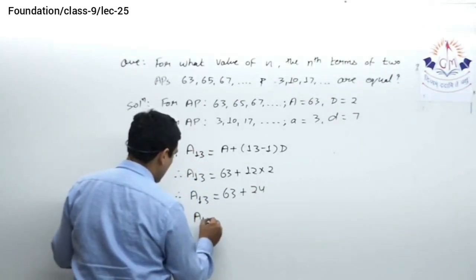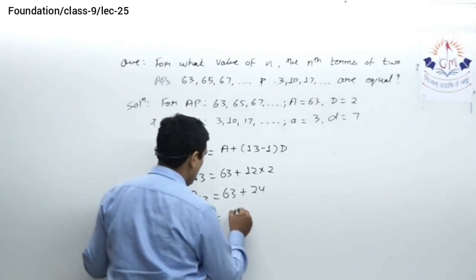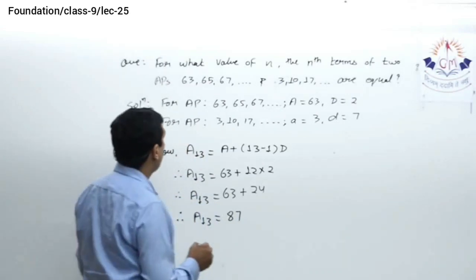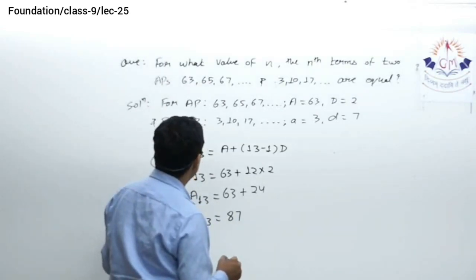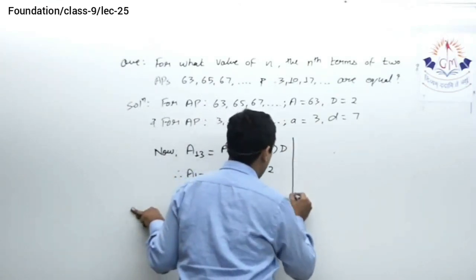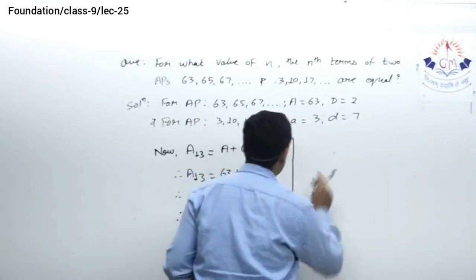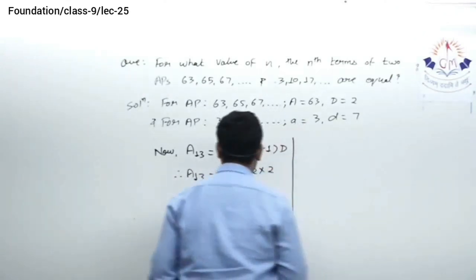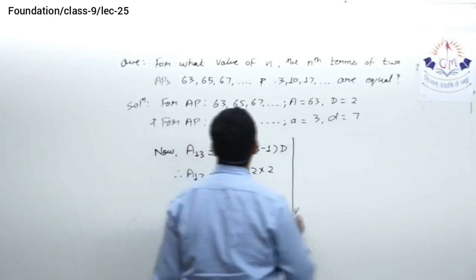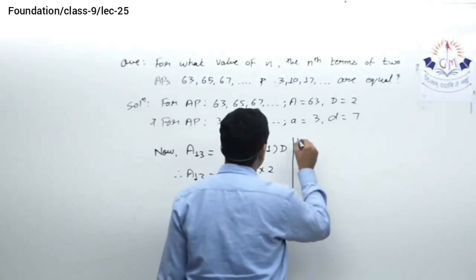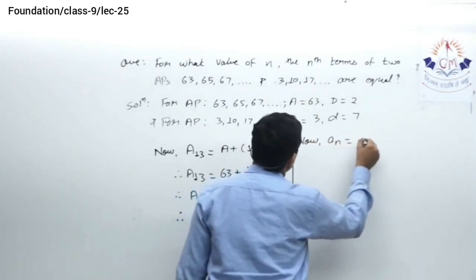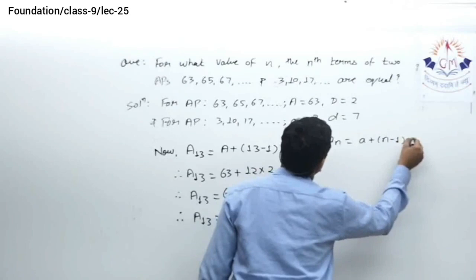So A13 is equal to 87. Now let us find the 13th term for the second AP. a n is equal to a plus n minus 1 into d.